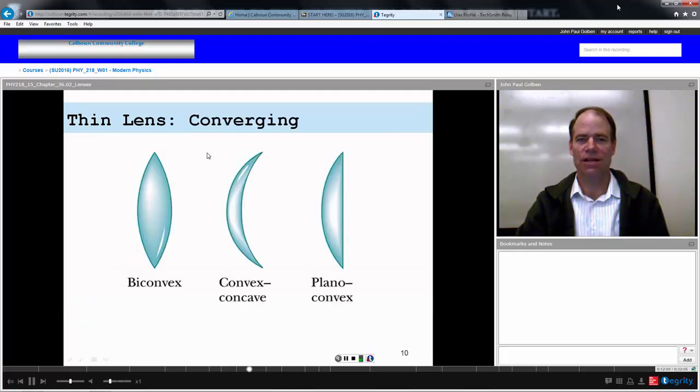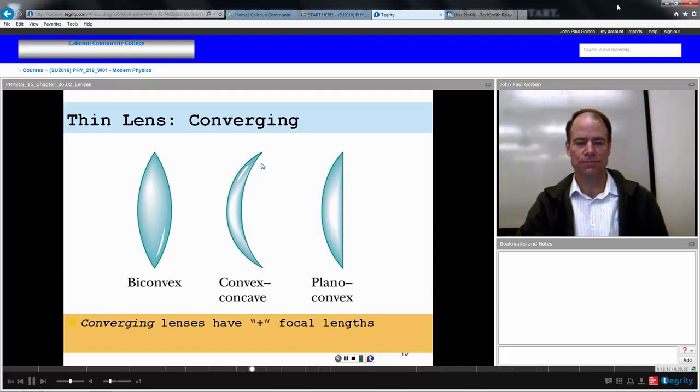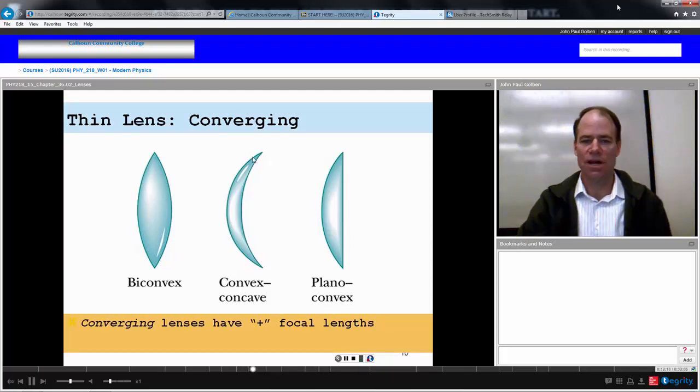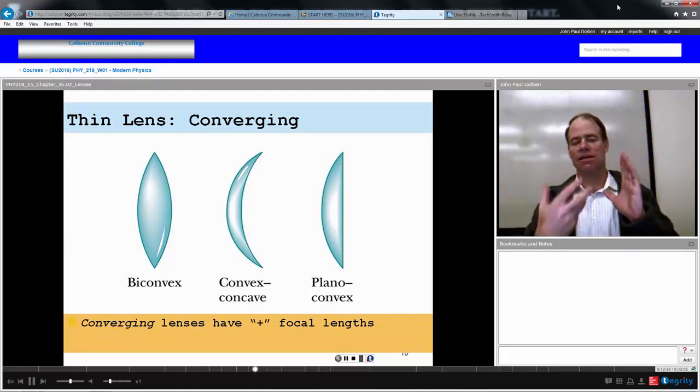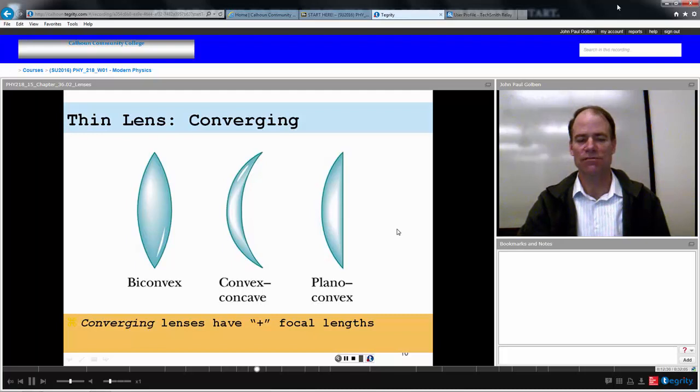Let's take a look at a converging thin lens. We have a biconvex, which is two convex surfaces. We have a convex and a concave. You have to look at each of them from the outside in. So a convex and then the concave lens. And then this one would be a convex plane, or you could say it's plano-convex.